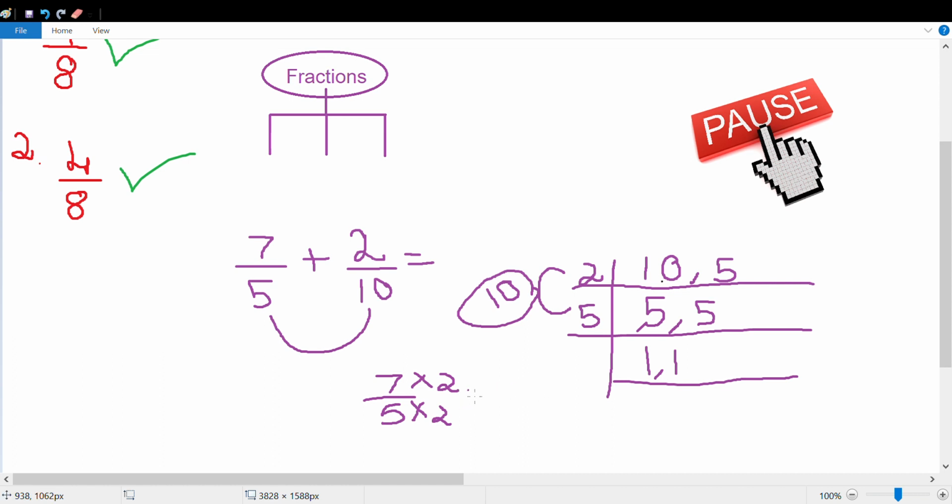So what do we get? In multiplication, we just multiply them. So 14. For doing these things, you have to know the timetables. So 14 by 10. Here is already 10, so we don't need to change it, because we need the denominator 10 and we already have the denominator as 10. We just have to change the denominator which is not the denominator that we need.